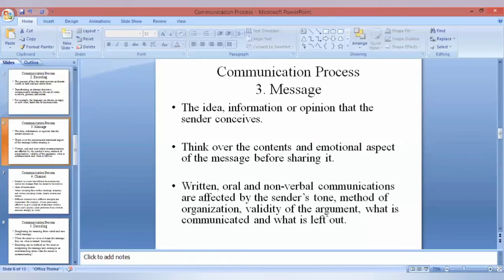There are certain things that you need to leave out because you don't think that they are appropriate, you don't think that they are relevant to the topic on which you have composed a message. So these are all the issues that are important to be considered related to the component message.